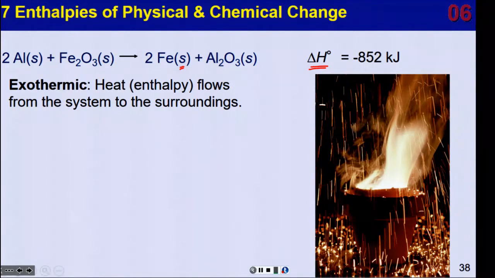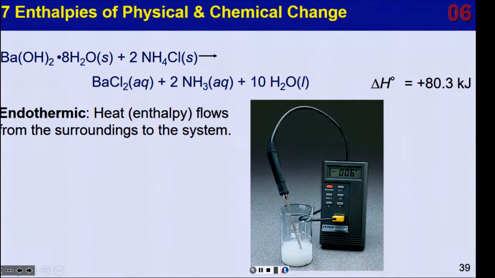So heat is flowing from the system to the surroundings in this reaction, very much showing that in a shower of sparks. The opposite is also evident in another chemical change here. Barium hydroxide that has an octahydrate, we haven't talked about hydrates, but that means it crystallizes with water, can react with ammonium chloride as a solid.